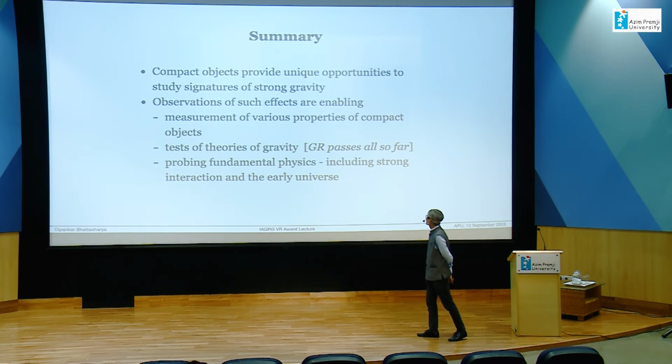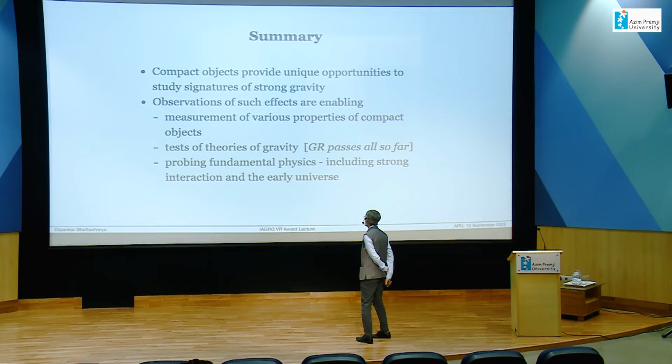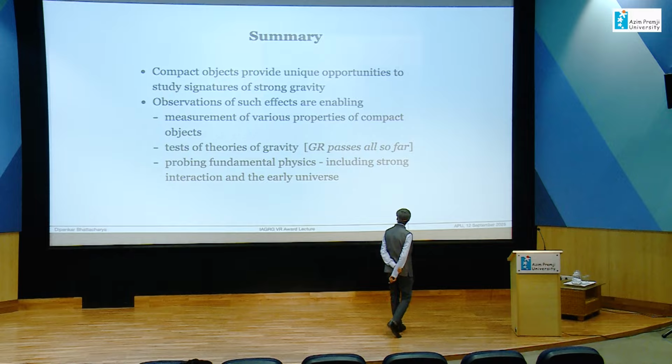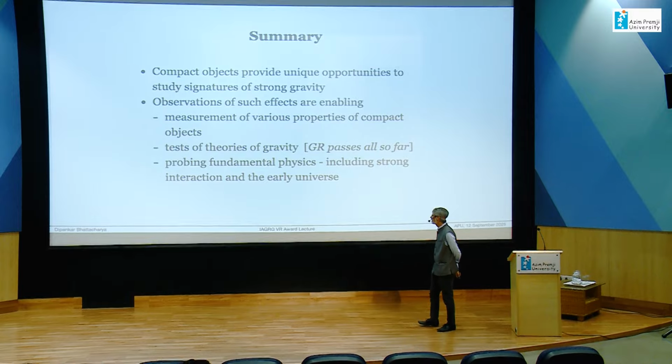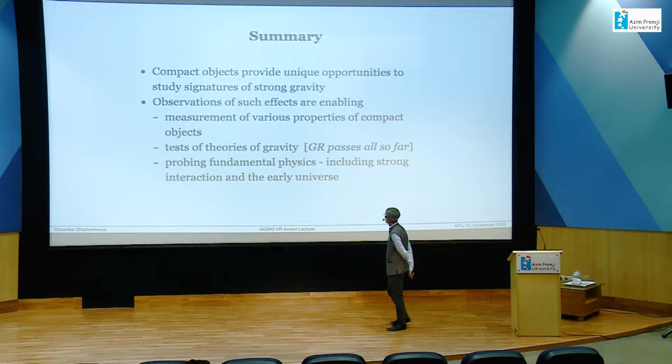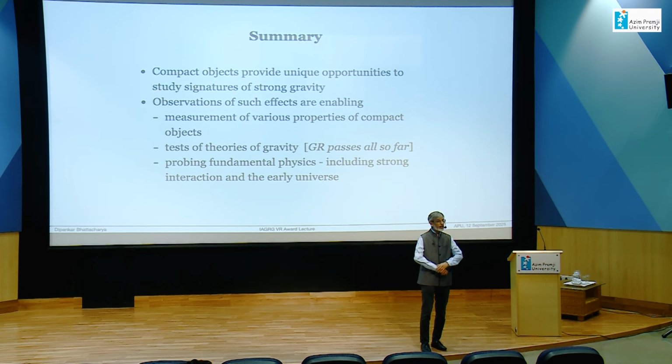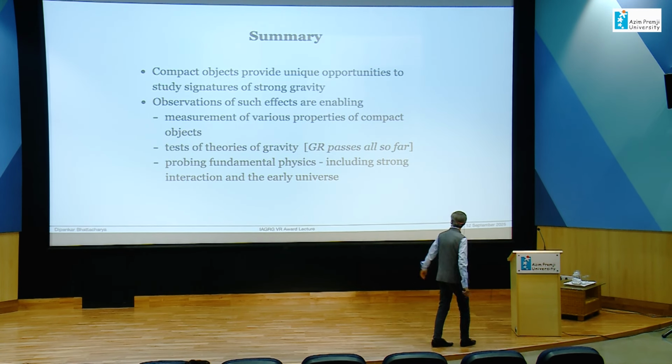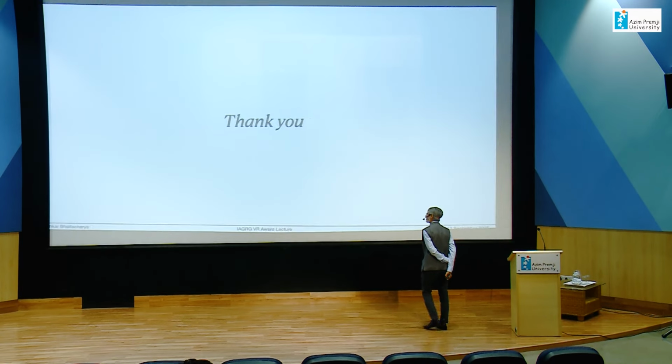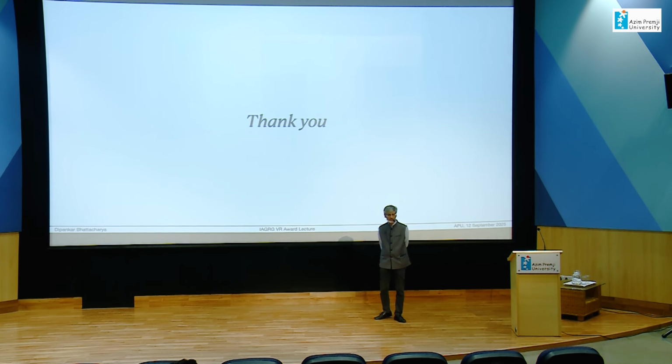And these observations are enabling measurement of various parameters of these systems, testing theories of gravity. GR so far passes all tests, and probing fundamental physics, including strong interaction at very small scale to the universe at the very largest scales. Thank you very much.